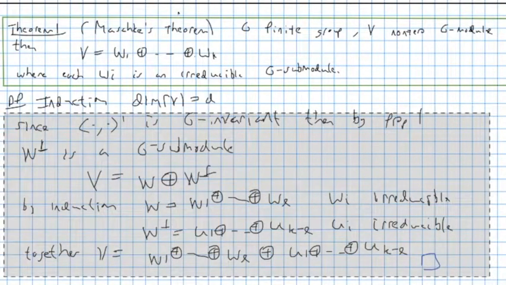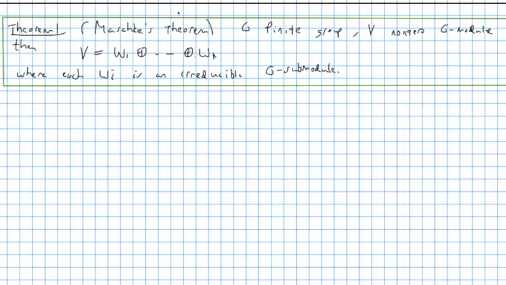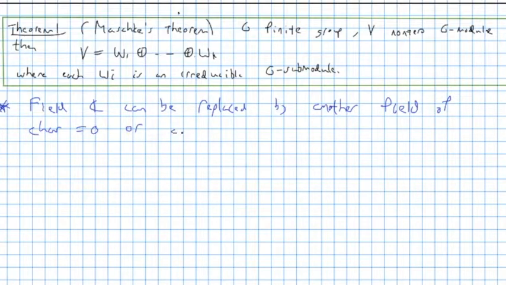So let me make a remark that the field C can be replaced by another field of characteristic 0, or a characteristic that's relatively prime to the order of the group.